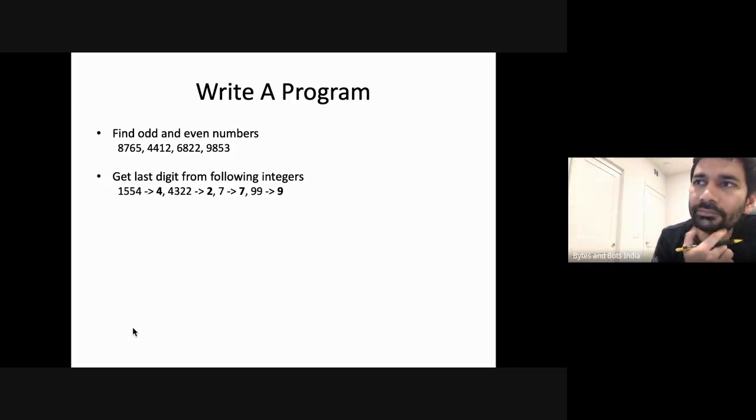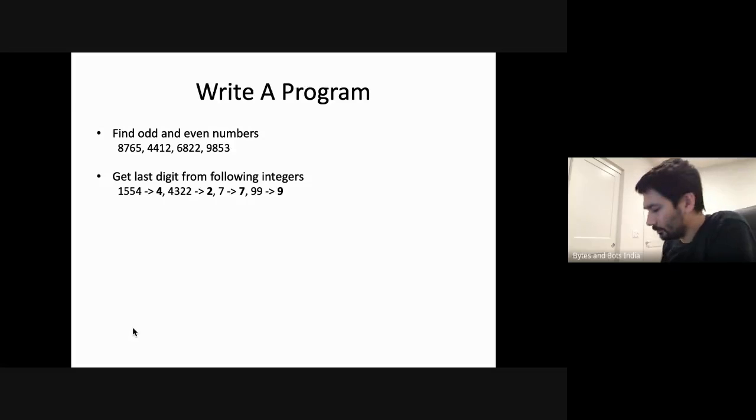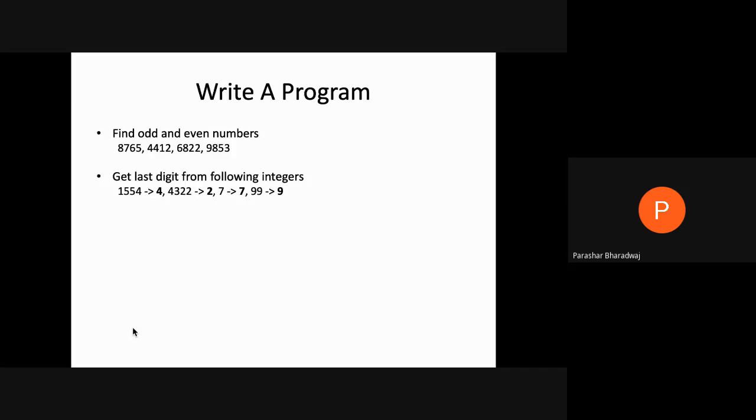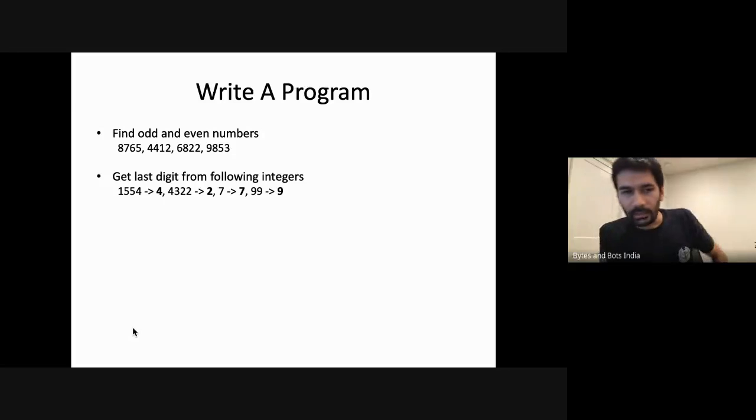How would you program this? Maybe you could set an integer and then print the integer, but then there's some code that just prints the last digit. Yeah, so the question here is what will that code be, which will give you the last digit?